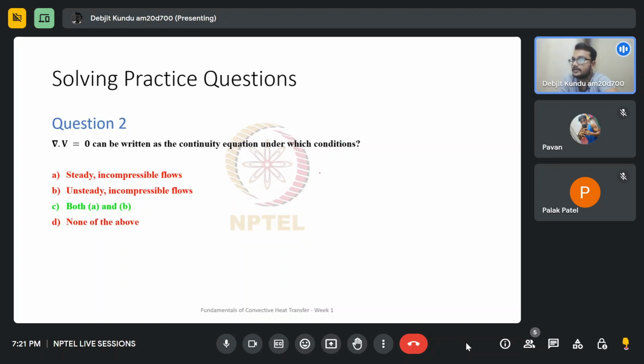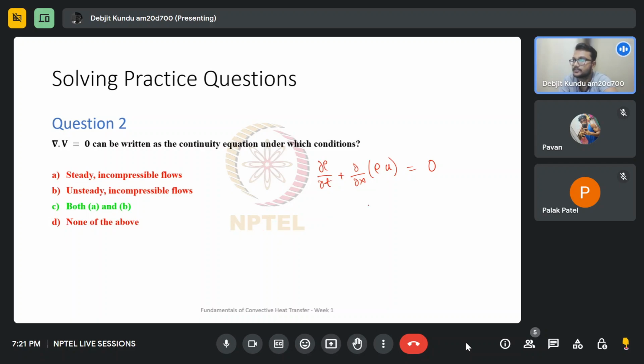So basically, if we write down the general form of the continuity equation, that is ∂rho/∂t plus ∂/∂x of rho u equal to 0. We will consider the case where it's incompressible, regardless of being steady or unsteady.